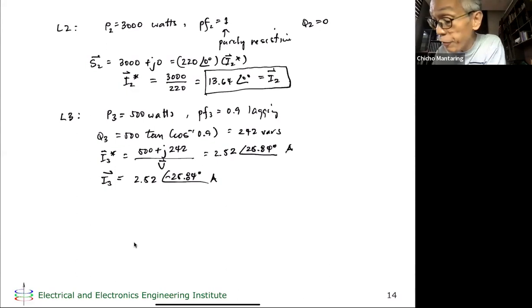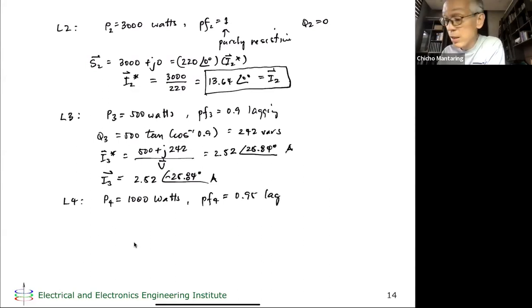Okay. Finally, for load 4, again, very quickly. This is P4, this is 1000 watts. PF4 is equal to 0.95 lag. Q4 is just P4 tangent of cosine to the -1 of my power factor.